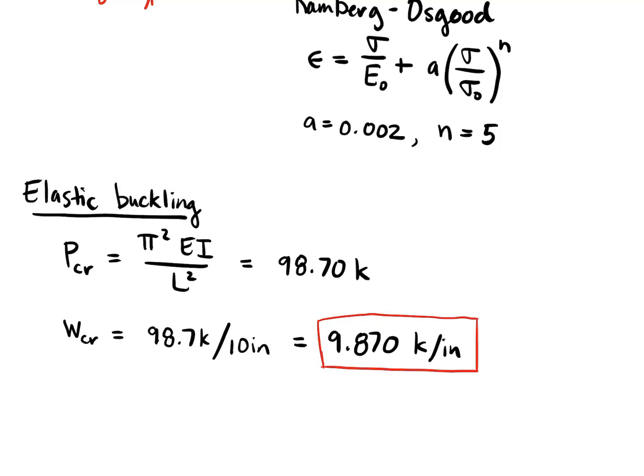And if we plug in the values for this particular problem, we find that the critical load is 98.7 kips. The load is not applied as a point load in this problem, it's applied as the distributed load. And so to figure out what W critical is, we would take that 98.7 kips and divide it by the width of the plate. And that gives us 9.87 kips per inch.